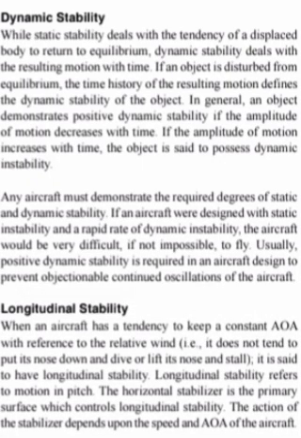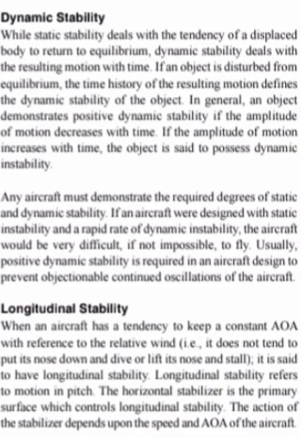Dynamic stability. While static stability deals with the tendency of a displaced body to return to equilibrium, dynamic stability deals with the resulting motion with time. If an object is disturbed from equilibrium, the time history of the resulting motion defines the dynamic stability of the object.